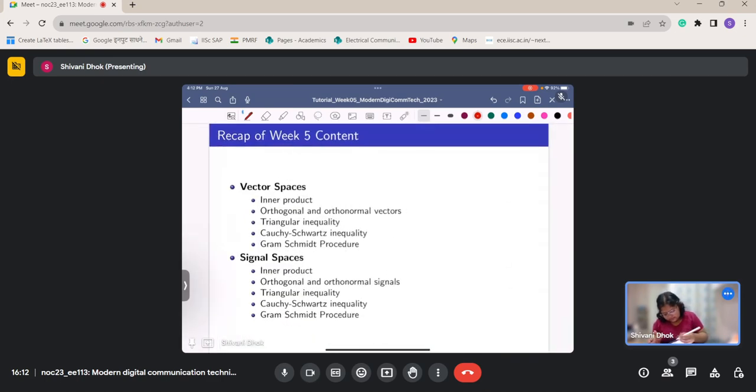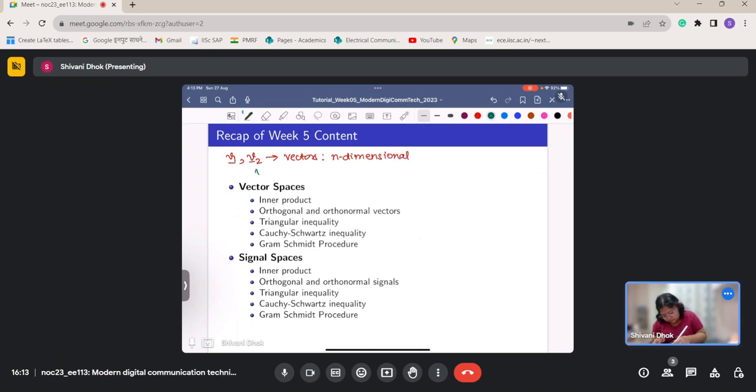Let me first say that v1 and v2 are two vectors, and these are, let's say, n dimensional. That is, v1 is simply something like this: v11, v12, and so on till v1n.